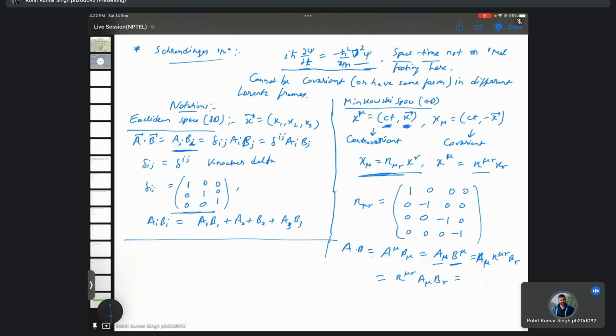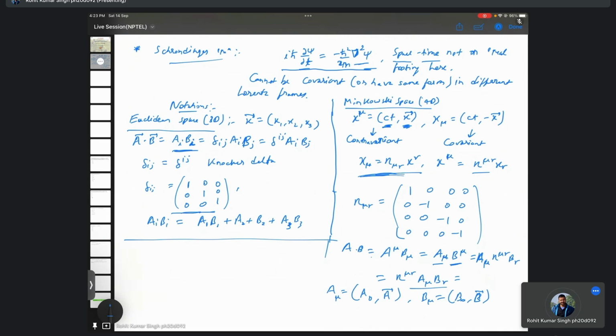Suppose A mu is A0 and A vector, and B mu is B0 and B vector.